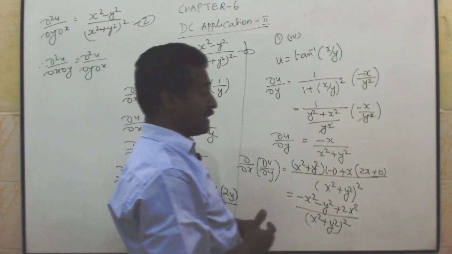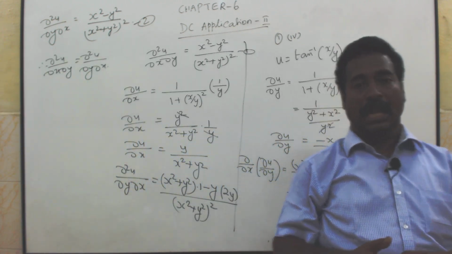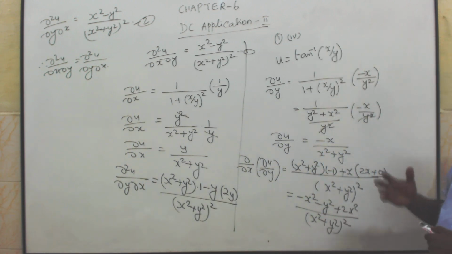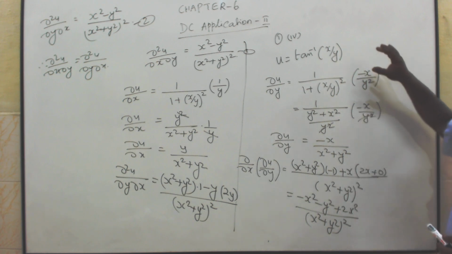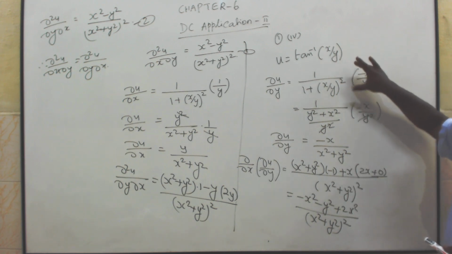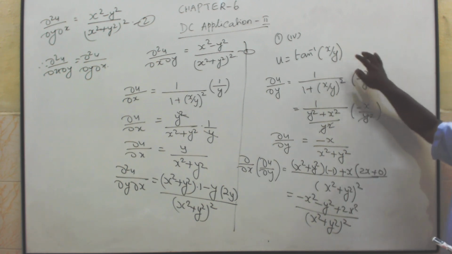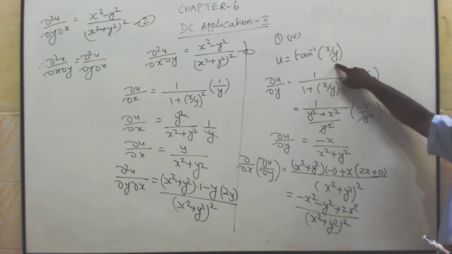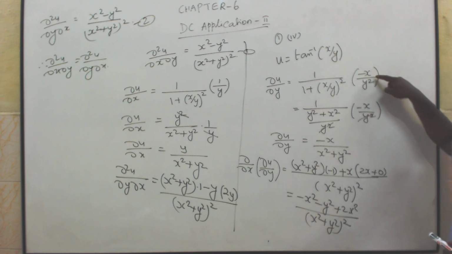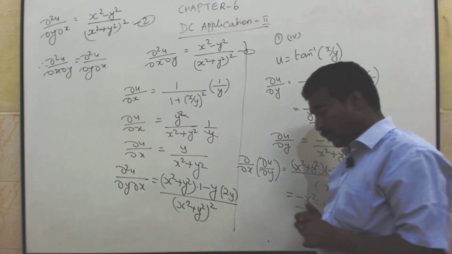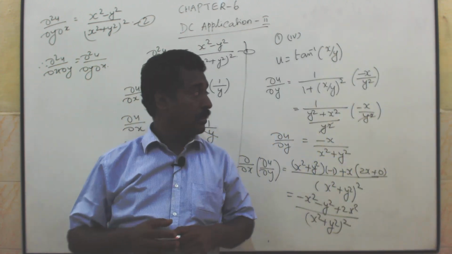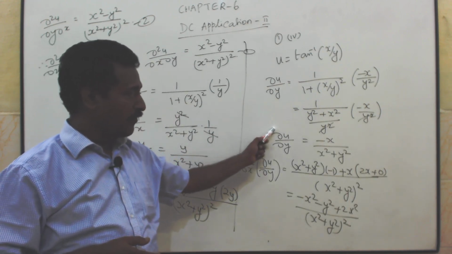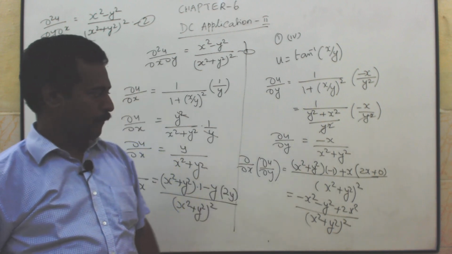In the same way, some examples are given, just try them. If you have any doubt, clarify in the class. Dou u by dou y: tan inverse x is 1 by 1 plus x square. With respect to y, y is in the denominator, therefore x by y differentiation is minus x by y square. Then simplify dou u by dou y and we get this result.